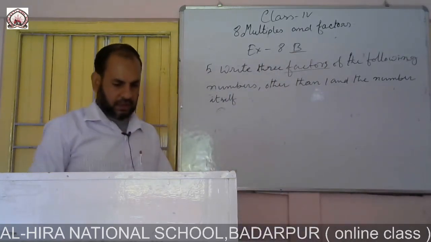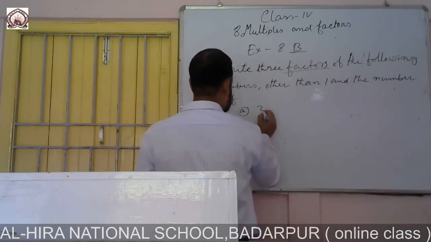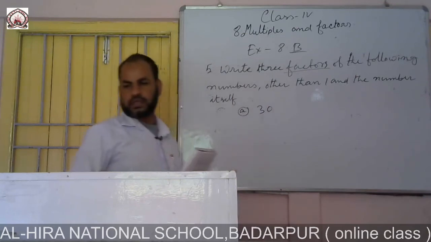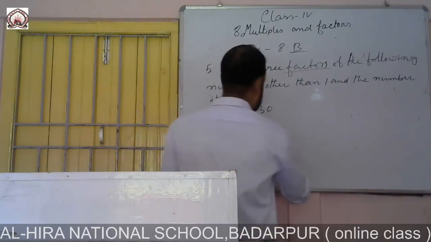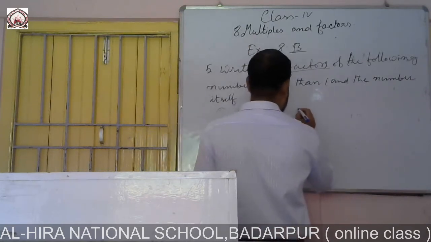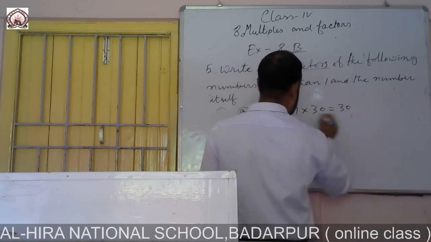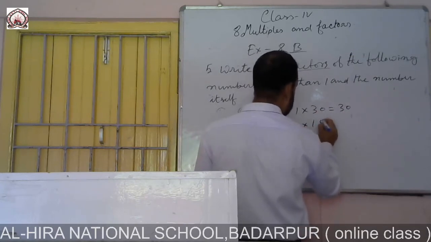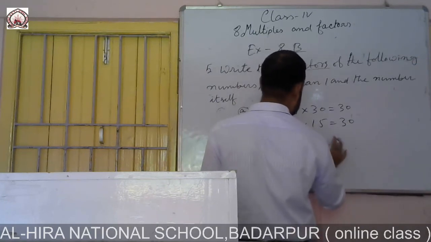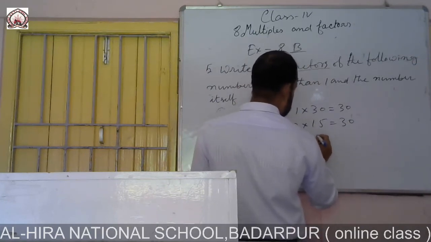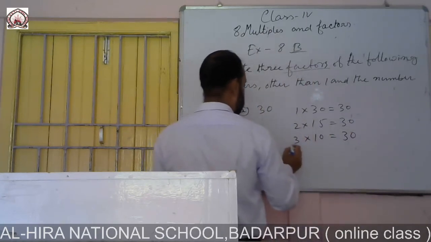Next, question number 5, A: 30. So we take out the pairs of numbers which give the product of 30. 1 into 30 equal to 30, 2 into 15 is equal to 30, 3 into 10 is equal to 30. We already got 4, so we can write 3.